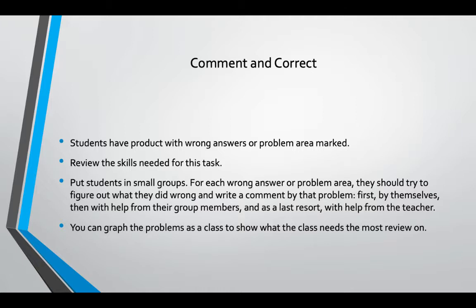In other words, you can graph what learning outcome we seemed to achieve, what learning outcome we were struggling with, and what learning outcome we did not get at all. And the students can take the piece of work that they're looking at and graph what they think is happening with that piece of work. And then you can look as a class and see where you think you are.